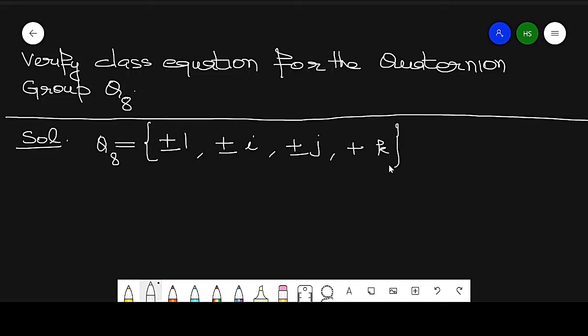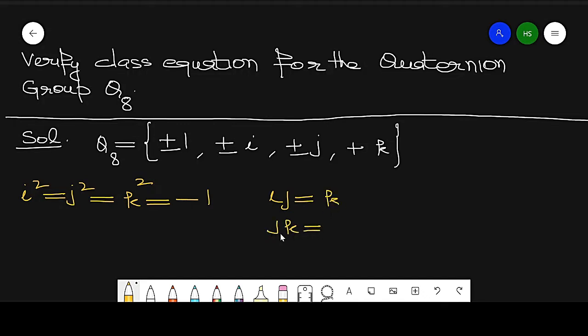The squares i squared, j squared and k squared are each equal to minus 1. Similarly, ij is equal to k, jk is equal to i, and ki is equal to j.